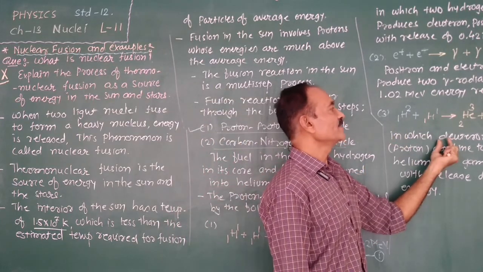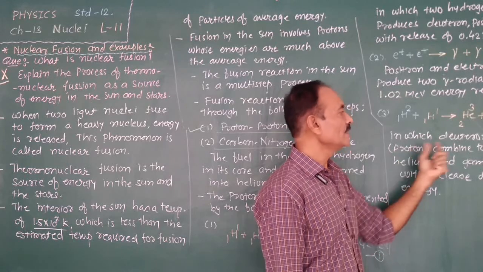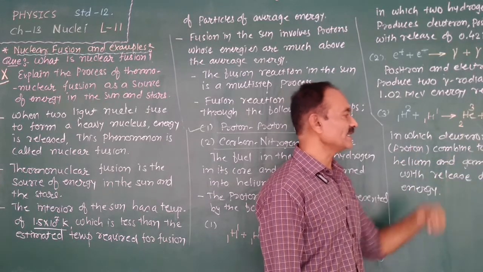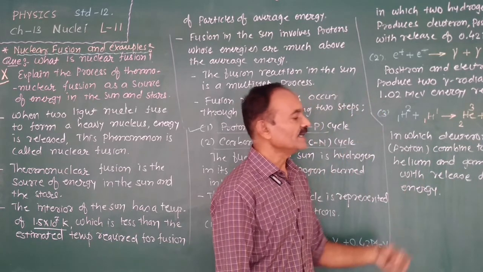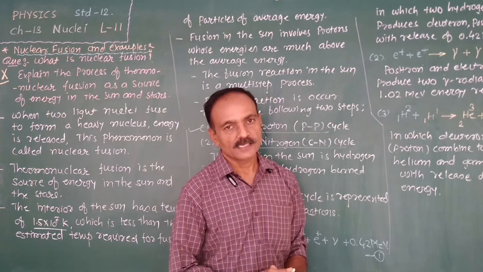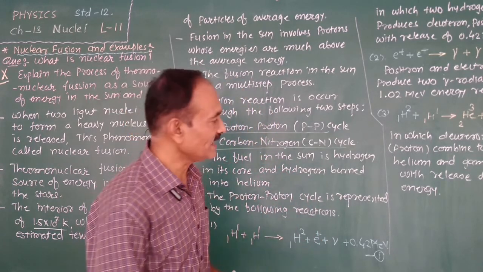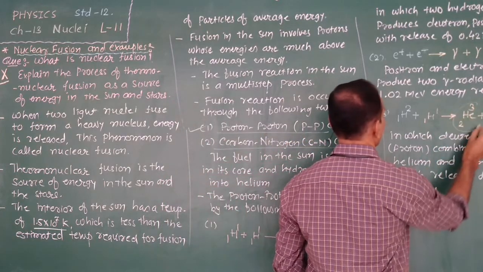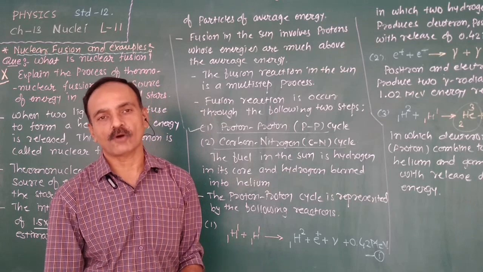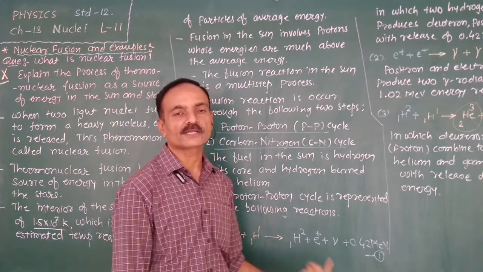The deuterium and hydrogen combine to produce a light helium nucleus and gamma radiation with the release of 5.49 MeV energy. So first these three processes occur, and after that this light nucleus of helium combines with another light nucleus of helium to form again two protons, or two hydrogens.